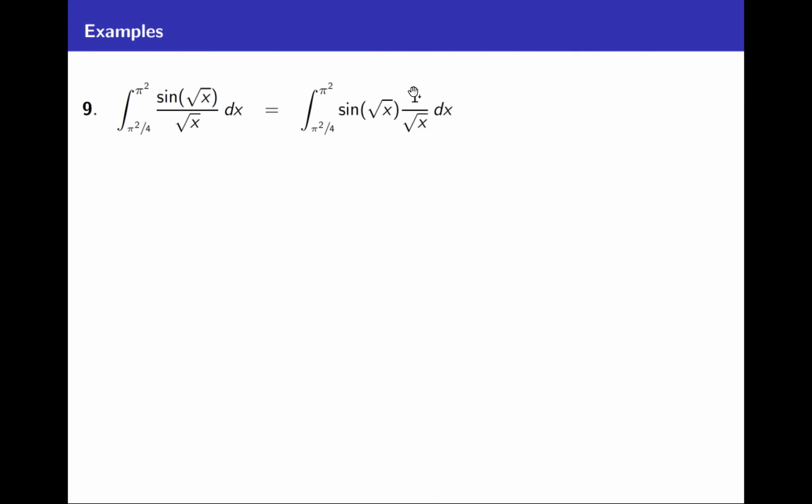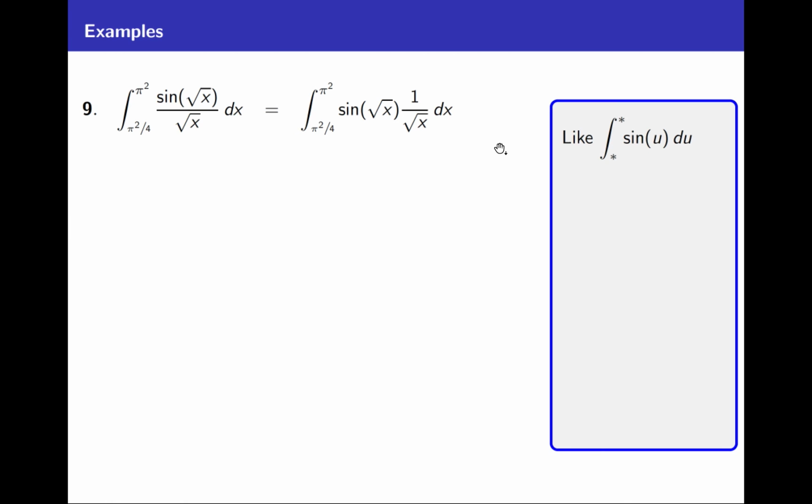Let's break this fraction up into two separate fractions and think about this. You've got a sine of the square root of x here, so you might say that this looks like a definite integral involving sine of u, like sine of u du.